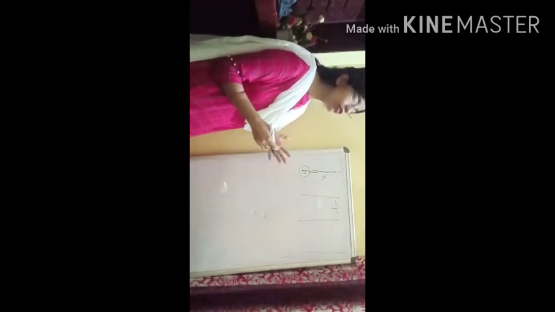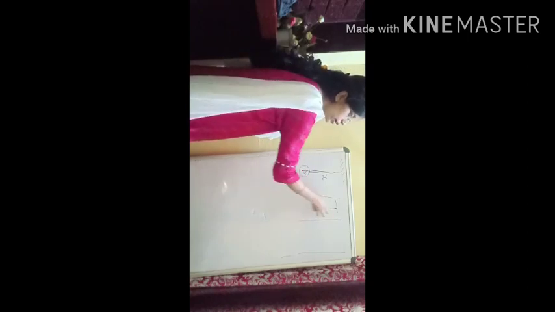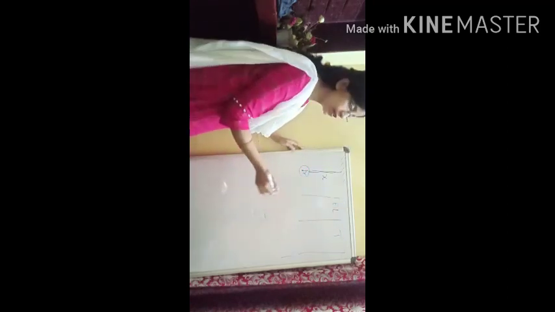Okay, and that's what we do: for different lengths, we tabulate the data. If we take one effective length, the time period comes out different. If we take a second reading with a different effective length, let's say 10 centimeter, the time period comes to 20 seconds.